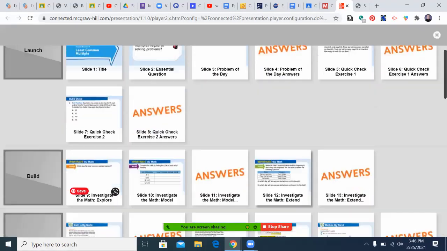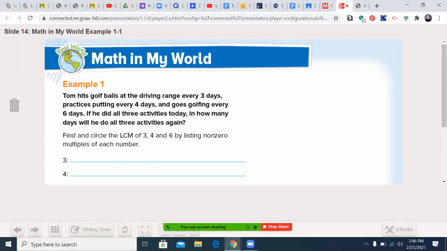Let's get into our textbooks here. It's going to be the Math in My World example, basic. There are some words at the top highlighted in yellow. A multiple is a product of the number and any other whole number. So the multiples of 4: 4 times 1 is 4, 4 times 2 is 8, 4 times 3 is 12. We quite often use the skill of skip counting, but that's really what we're doing, multiplying by the series of numbers.